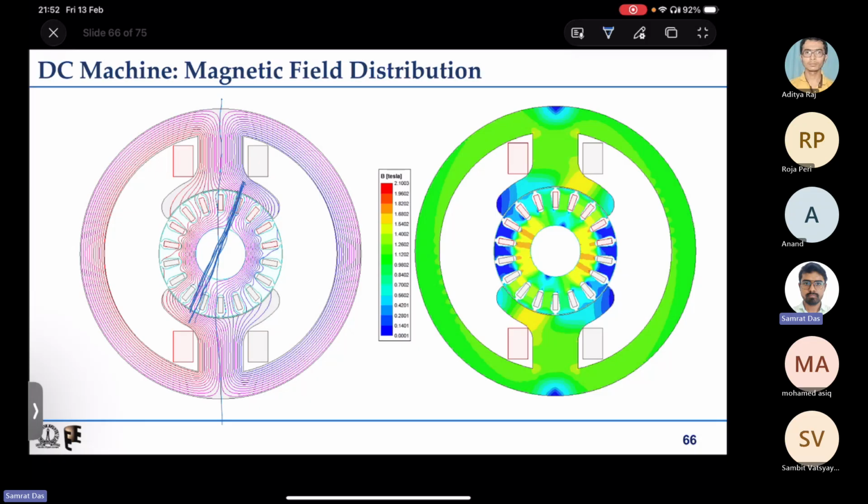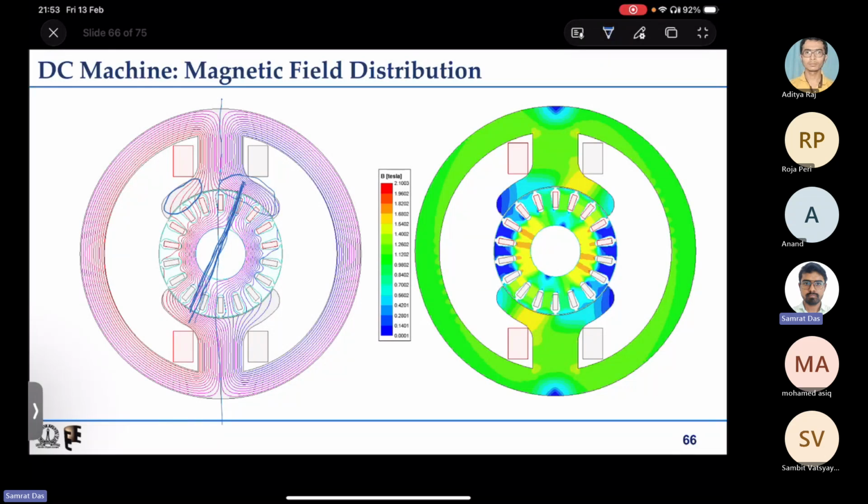You can see that on one side of the stator pole the flux has increased from what it was when only the stator was excited, and this side has weakened. We'll look at that in greater depth as we go forward.